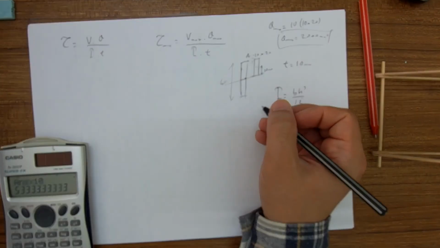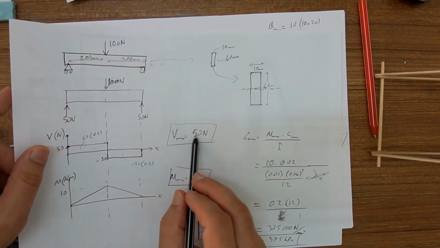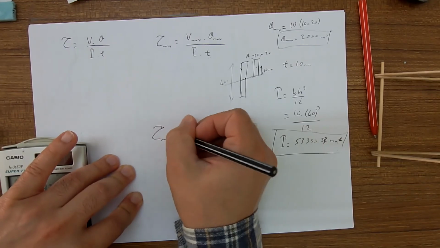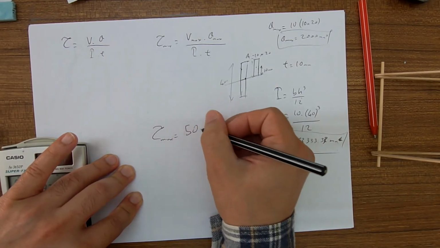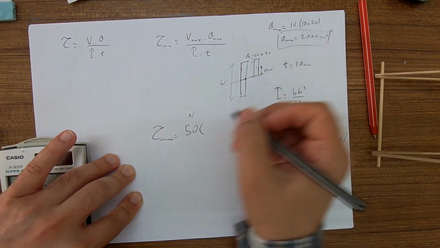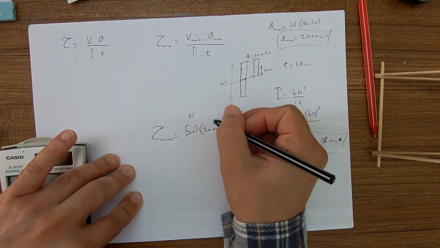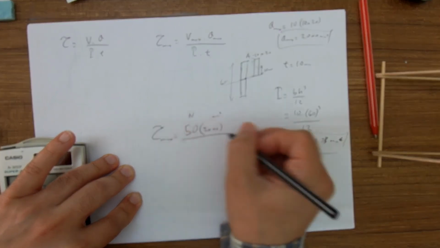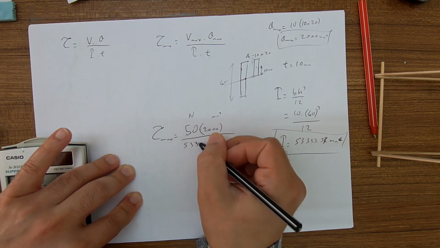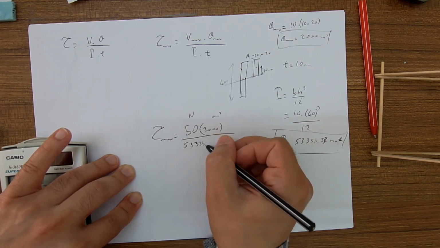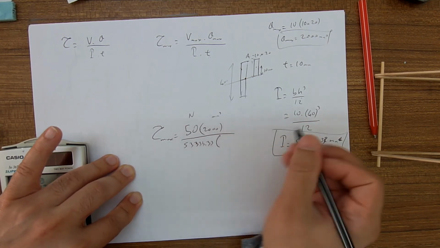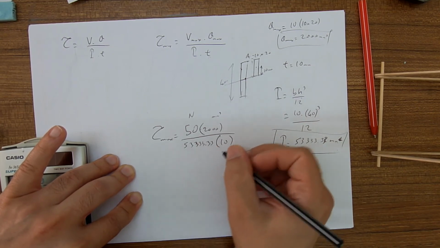Vmax, as we have found, is 50 Newton. Therefore, tau max is 50, this is in Newton, times 2000, this is in millimeter cubed, divided by 53,333 times thickness, which is 10.